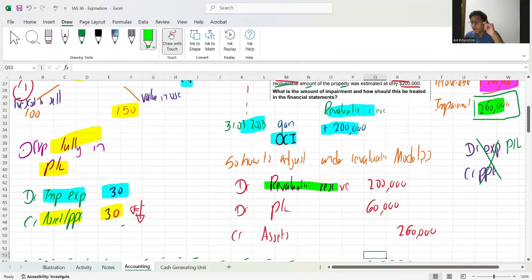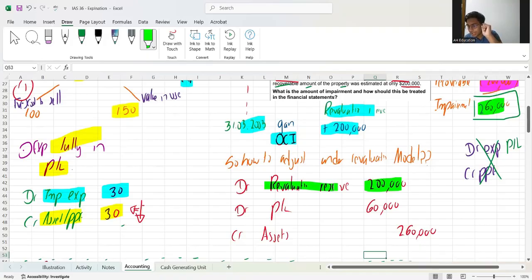You all know, right? Initially, you had a revaluation reserve which had a 200,000 revaluation gain. That gain will be deducted first. Always remember, if there is a balance in your revaluation reserve, balance means it's a gain.